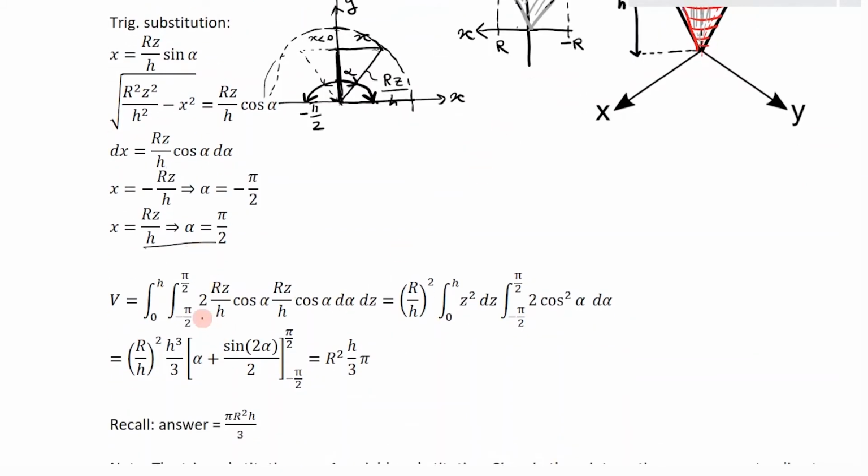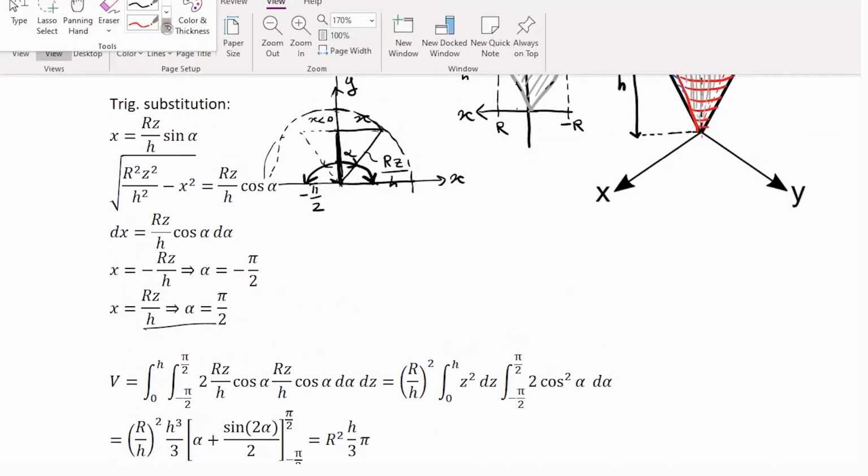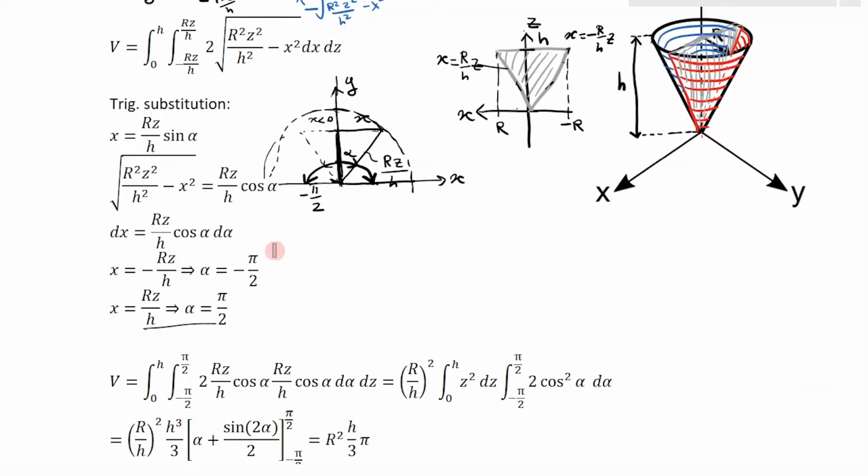Anyways, so now we have the following. The outside integral from 0 to h dz all stays the same. On the inside, instead of this and this, we have negative pi over 2 and pi over 2. The 2 stays.